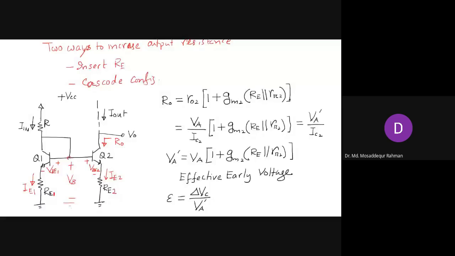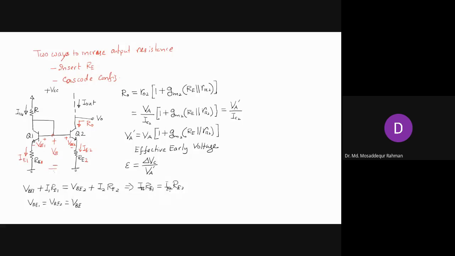And we have the emitter currents IE1 and IE2. From this we can write that IE2 is equal to RE1 over RE2 times IE1.